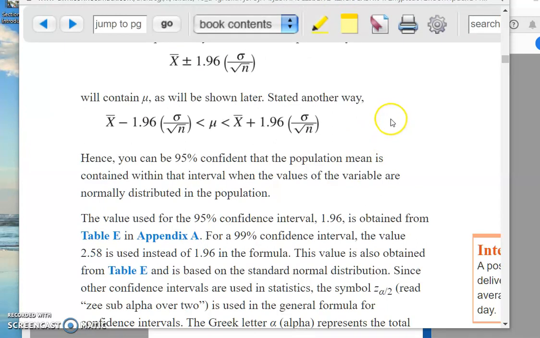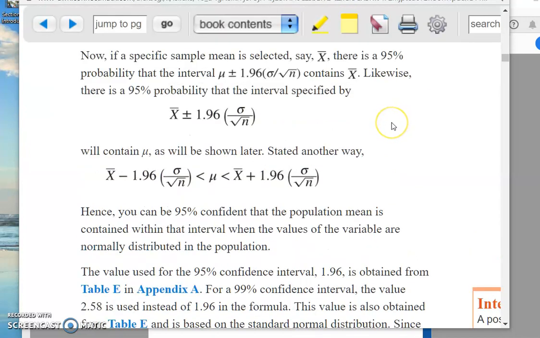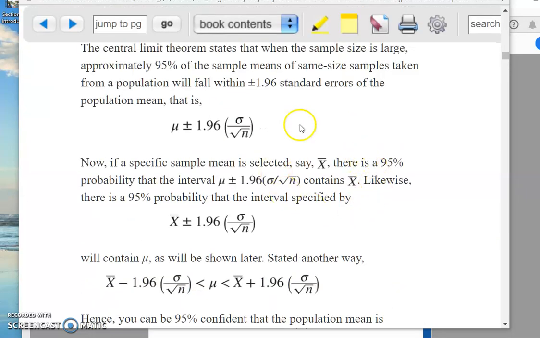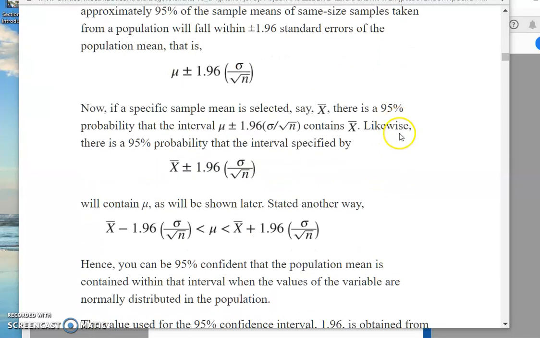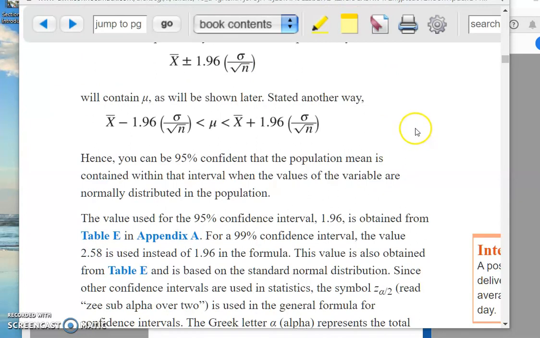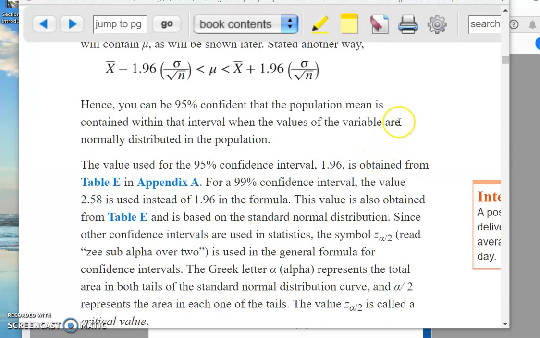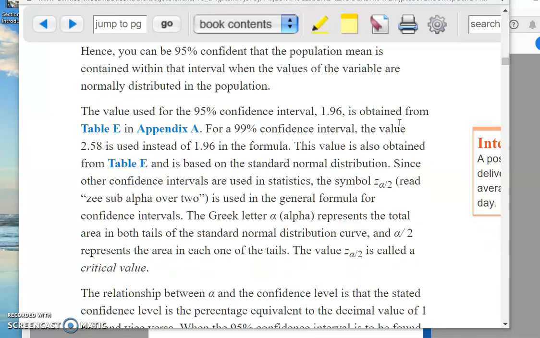So you're 95% confident that the X bar is going to be up there. Well, it can be shown that the population mean is also within that same interval. And this is just an intuitive way of saying that, hey, this makes sense. It's just using the central limit theorem and the z-scores.